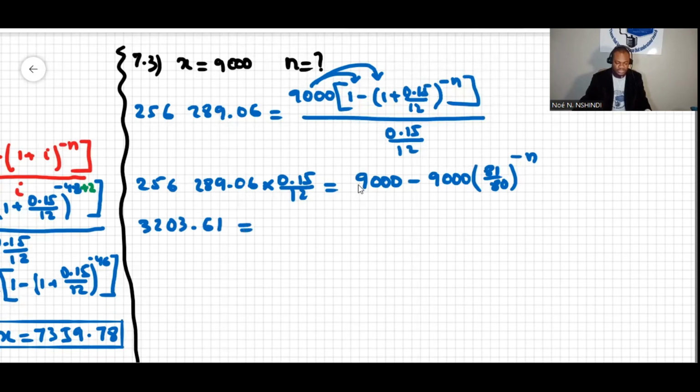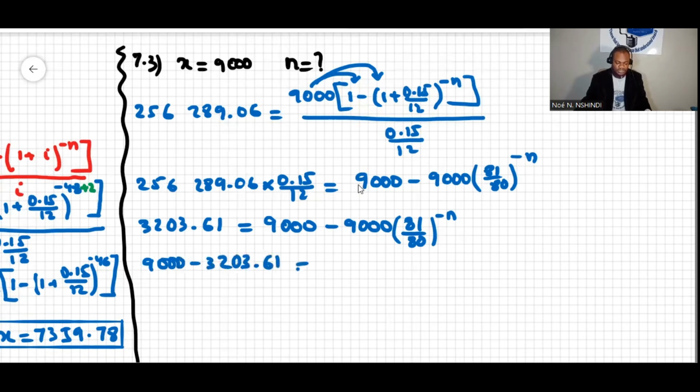This will be equal to 9,000 minus 9,000 times 81 over 80 to the power of negative n. Now, if 9,000 moves over, we will have 9,000 minus 3203.61 equal to negative 9,000, 81 over 80 to the power of negative n.